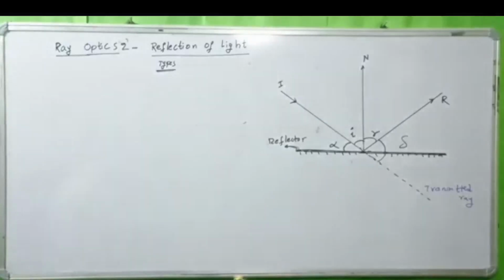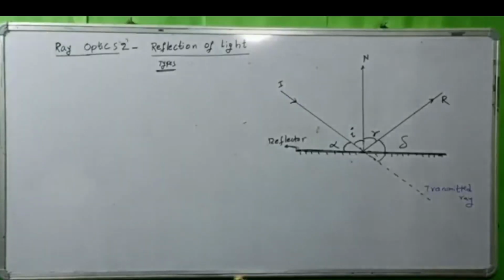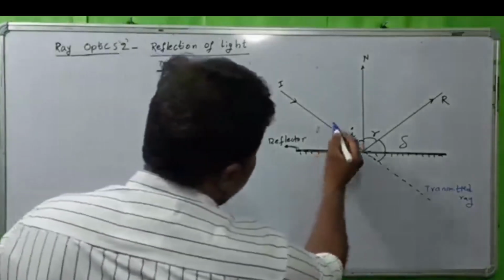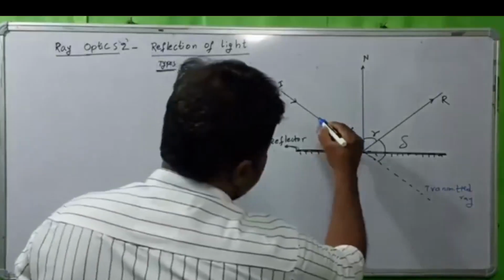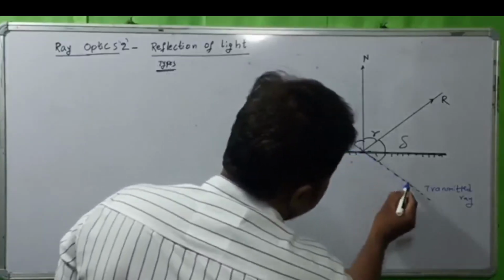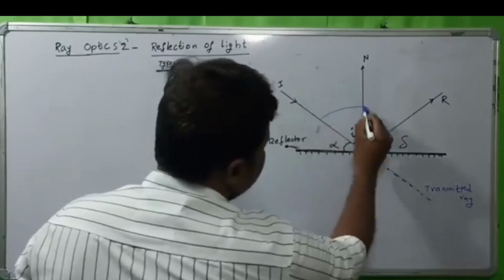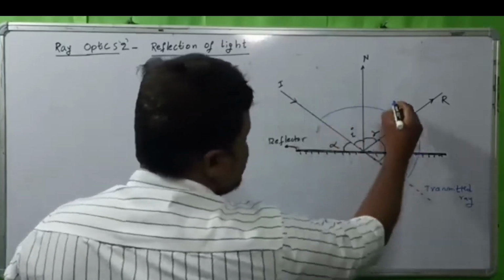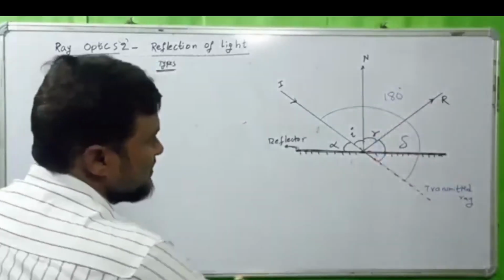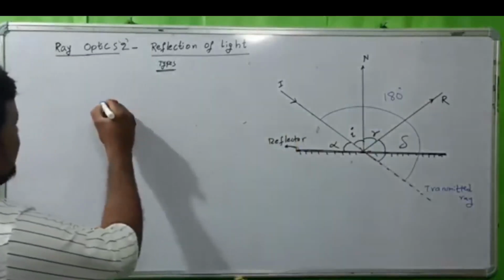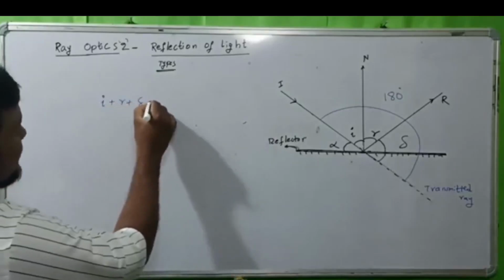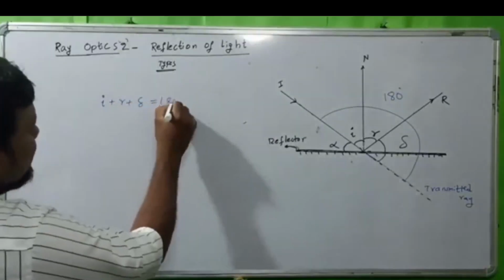If you observe from the diagram, we already know mathematics is the basic language for physics. This is a straight line. If I extend this straight line, it gives 180 degree. From this, I can write I plus R plus delta is equal to 180 degree.